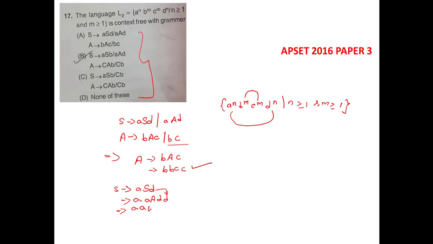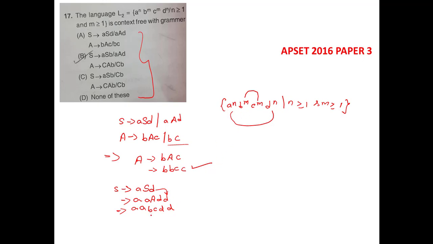I am writing BC here and the two D's. Now it contains all terminals, so I cannot expand more. Now count the number of A's and D's here. The number of A's is two and the number of D's is also two, so both are equal, that is a to the power of n equals d to the power of n.